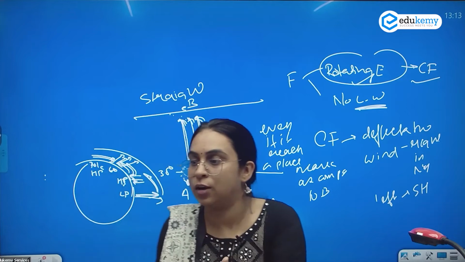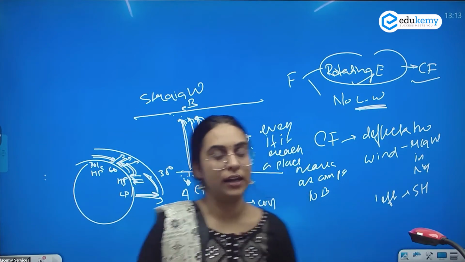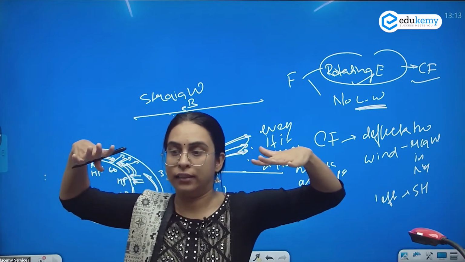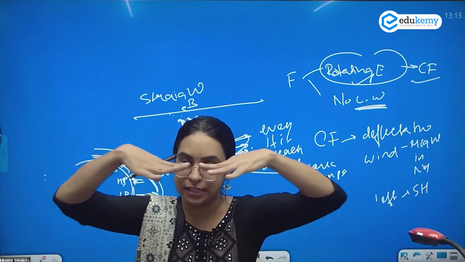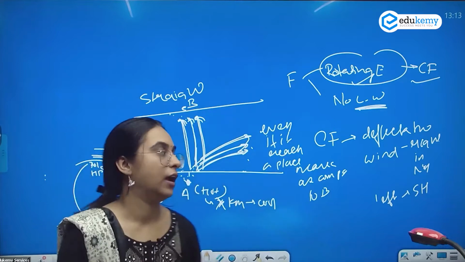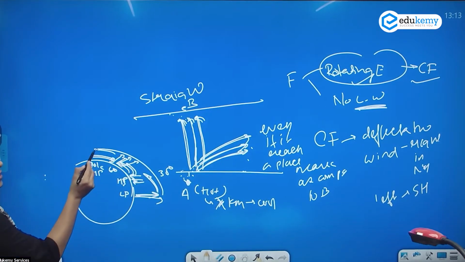Thermal reason यानी गर्म हुआ तो उठेगी, ठंडी हुई तो डिसेंड करेगी. इसके कारण नहीं, यहां से आ रही है ठंडी विंड पोलर एरिया से और ट्रॉपिक से आ रही है गर्म विंड. As the cold and the warm wind they are meeting at 60 degree latitude, they will rise, they will uplift, and therefore here you have the upliftment of the wind, and then the cell gets completed.